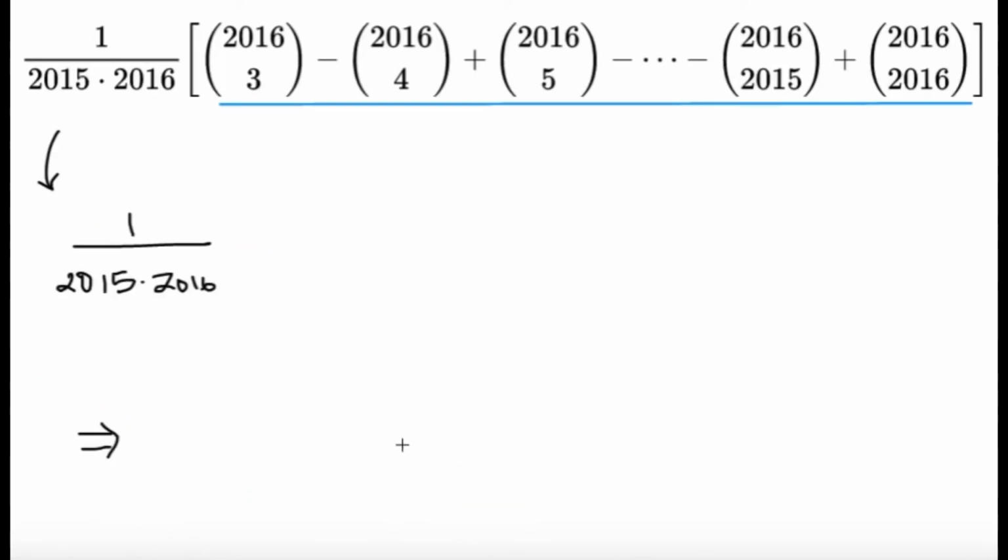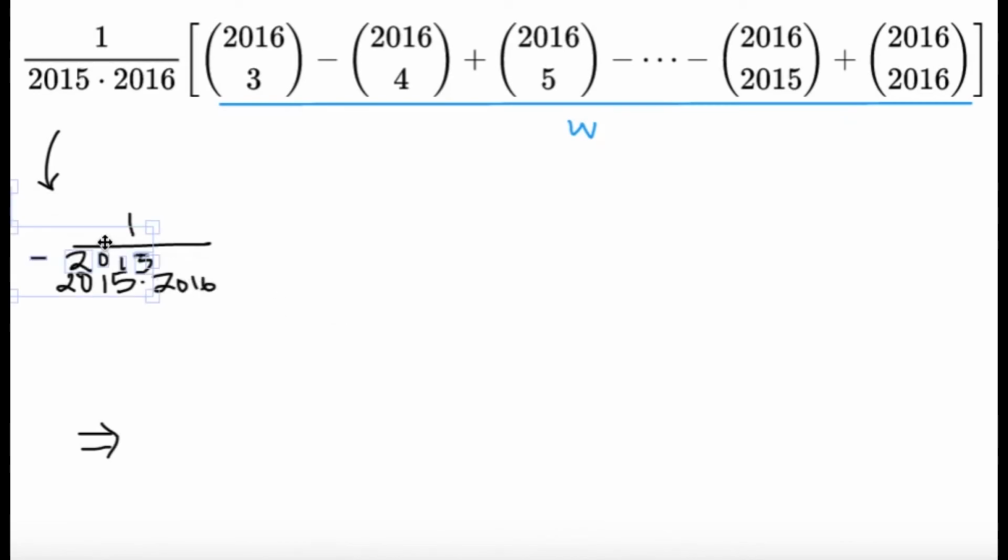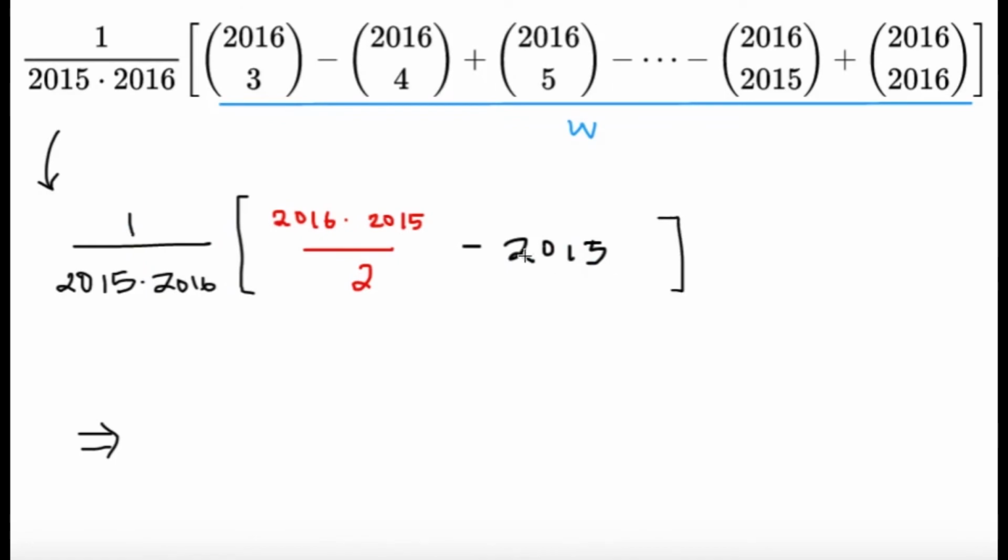Now, since this equals w, as we've seen in the previous slide, all I have to do is copy this value for w and insert it into this part. Since this part is w, I'm just multiplying by w now. So w becomes this expression over here, and all I have to do is evaluate this.